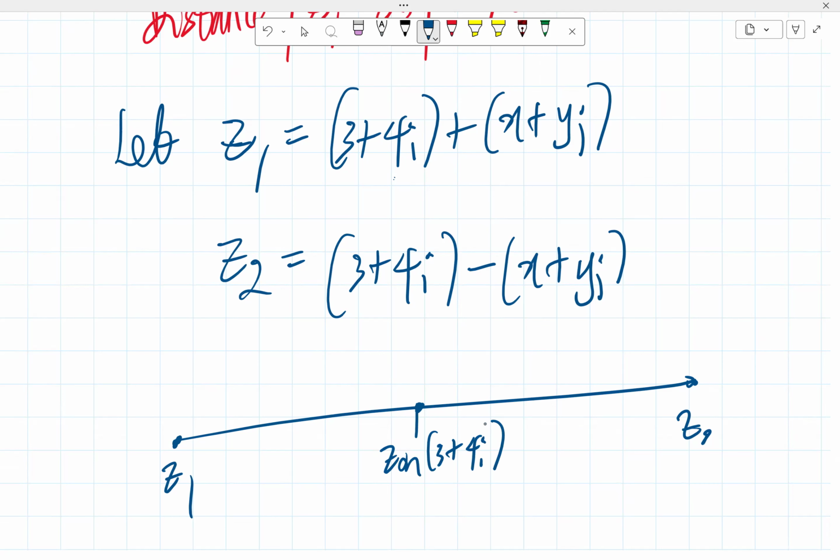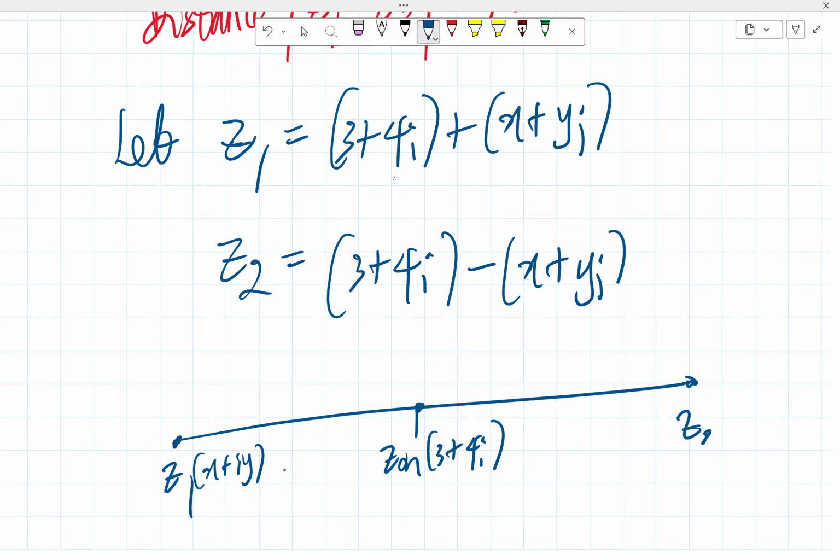So we are saying that to get to Z1, we already have the origin somewhere, and this is like x plus iy. So it means that we take Z1 to be x plus iy plus 3 plus 4i. I think this is not making solid sense, but let me see.